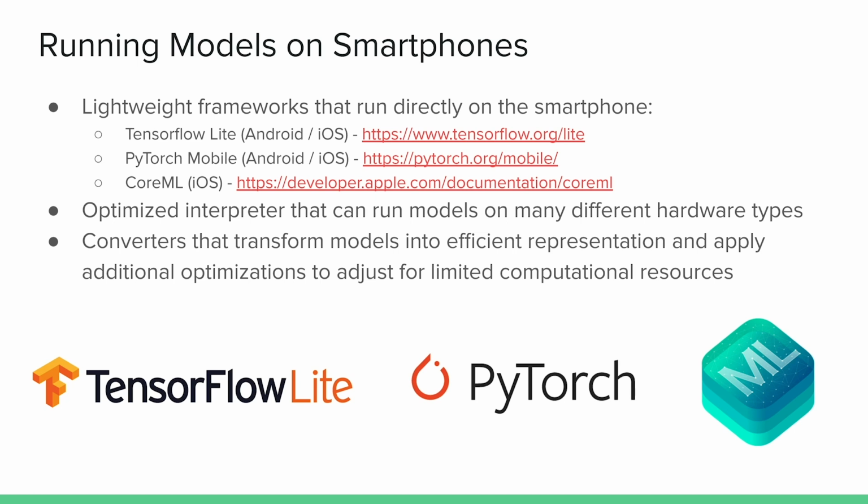What you should notice here is that those interpreters that are deployed here are highly optimized to work well on different hardware, because some smartphones nowadays already have some accelerators for being able to run certain computations more efficiently.